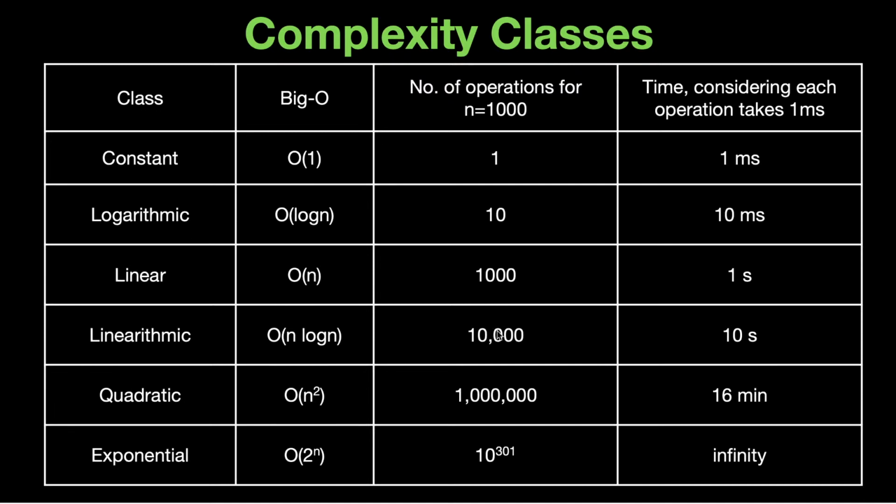For linearithmic, it's 10,000, and for quadratic 1 million. And when you go to exponential, it is 10 to the power 301. That is a very, very, very large number, right? So if we consider the time, we can clearly see that when we reach around linearithmic complexity, it is already 10 seconds, right? 10 seconds is quite a big time. For quadratic, it takes 16 minutes, and for exponential, it's about infinity.